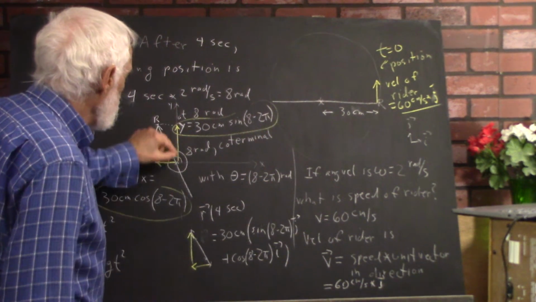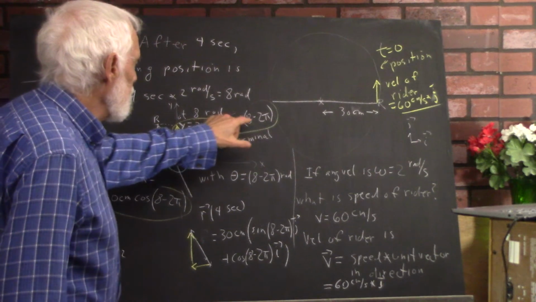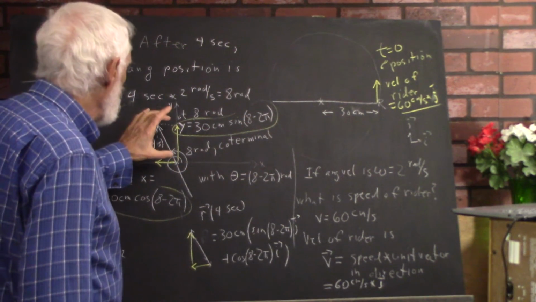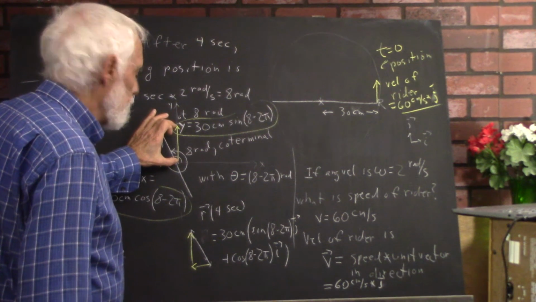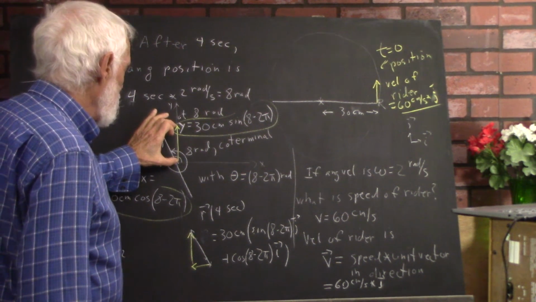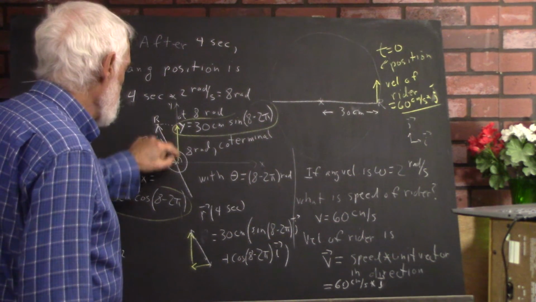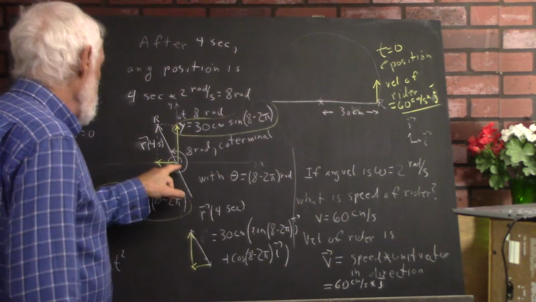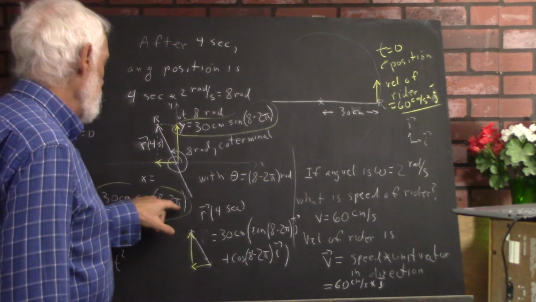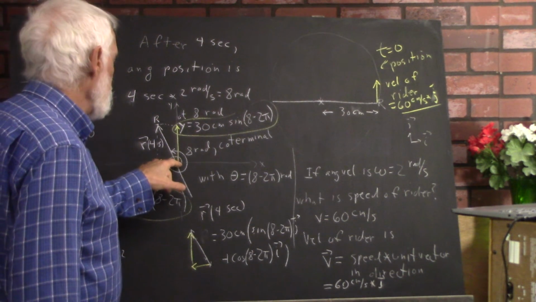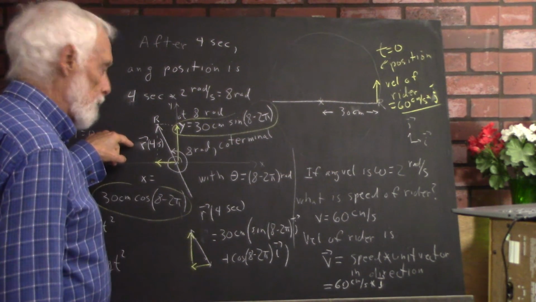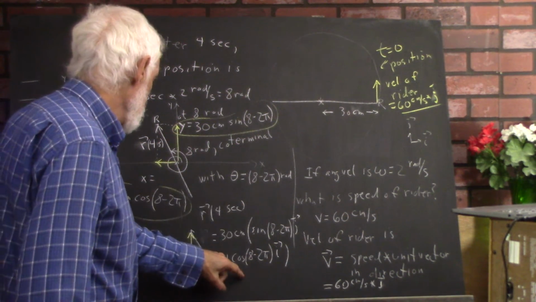So here's that vector: 30 centimeters times the sine of 8 minus 2 pi, a vector that represents that displacement from the origin. And here's a vector that represents 30 centimeters times the cosine of 8 minus 2 pi, the vector from the origin out to that point. If you add these two vectors, you get the r vector. And here we have it.